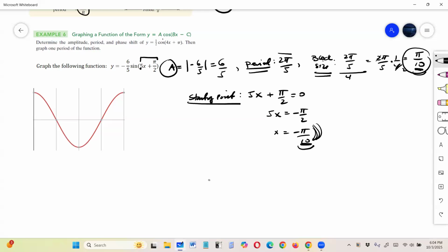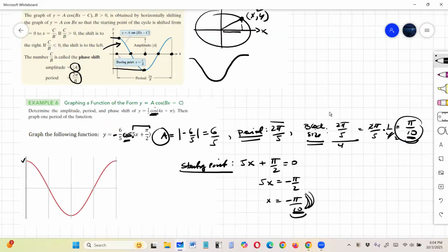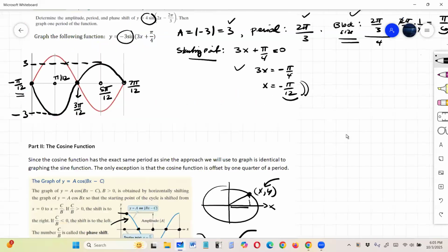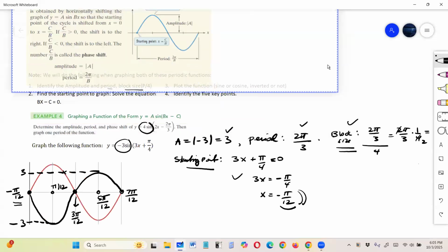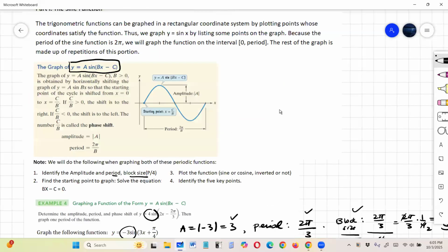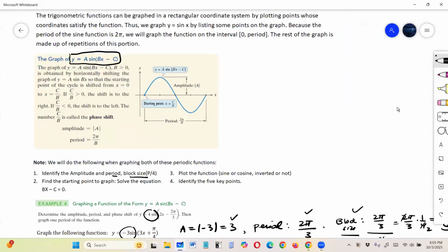Graph the function. If it is cosine, it would look like this. If it's negative cosine, it's reflected. If it's the sine, it's the one you've seen before. Okay, it's up here. If it's sine, it's this one. And if it's the reflected sine, it's the other one.